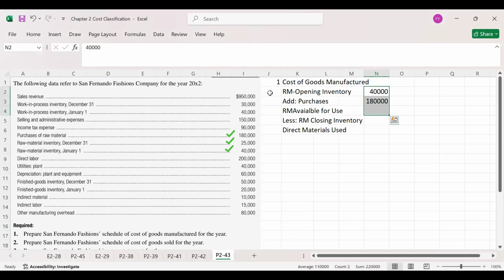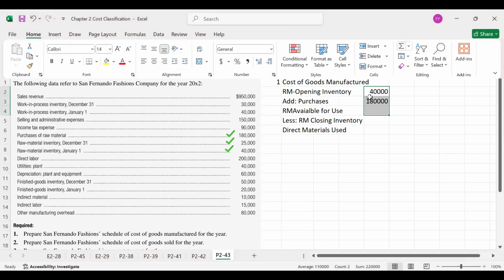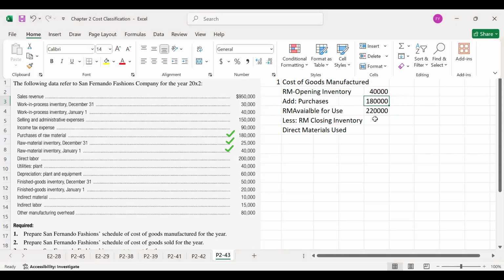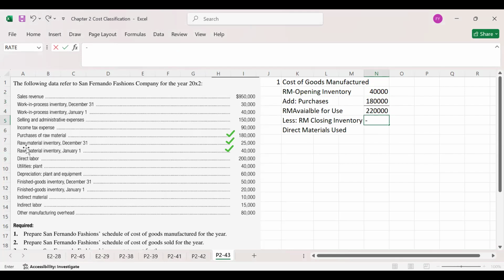We add both of these, purchases and opening inventory, and we deduct or less, minus raw material closing inventory, which is $25,000. So when we deduct it, this 195 is your raw material or direct material use, which I mentioned in the outer column.